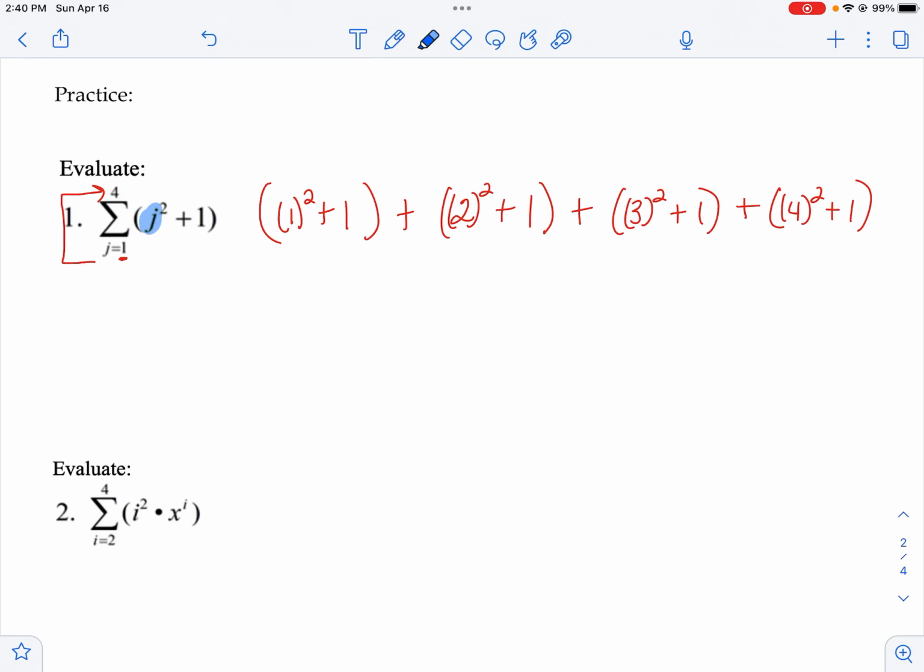So the j is getting replaced by every number 1 through and including 4. Simplify each of these. You get 2, 5, 10, and 17. Add these all, and I believe it looks like it would be 34.